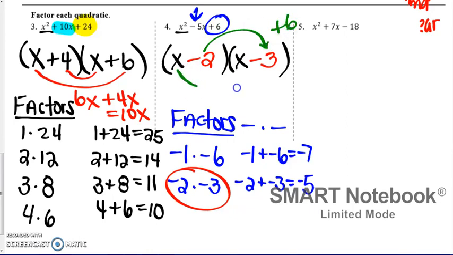When I do the outside product, I get a negative 3x. An inside product gives me a negative 2x, and that adds to that negative 5x in the middle. So I'm going to go ahead and pause for you to try number 5, and then I will unpause so that you can check your answer.